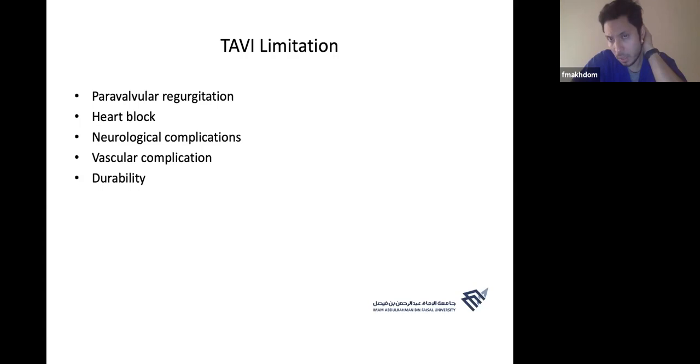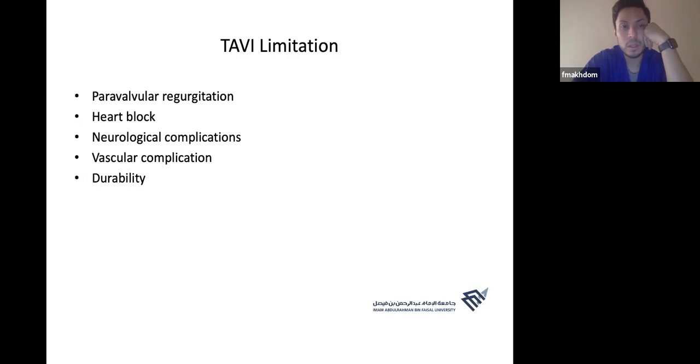The reason is the technology has improved, the experience of the implanter has improved, the introduction of CT scan after the first generation made the implanter understand more and avoid pitfalls during implants, and also patient selection.